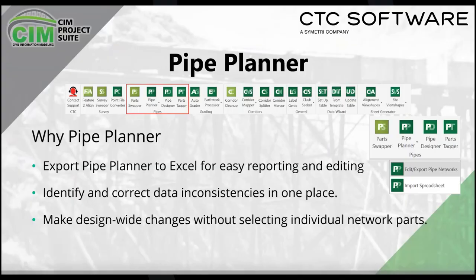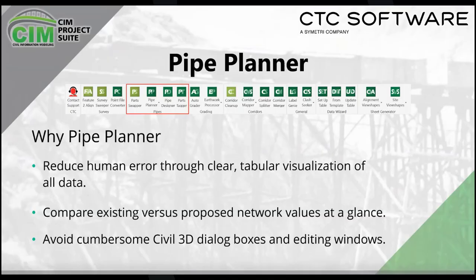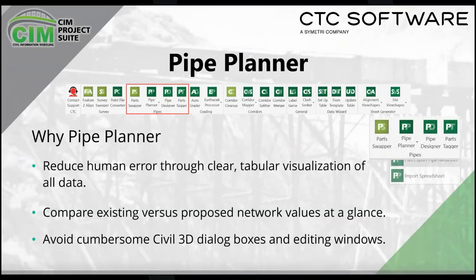And that will help us identify any inconsistencies. We can see all those in a gridded format so we can see what might be different. We can make global changes without selecting individual parts, which hopefully will help reduce human error, and we can compare our networks at a glance.